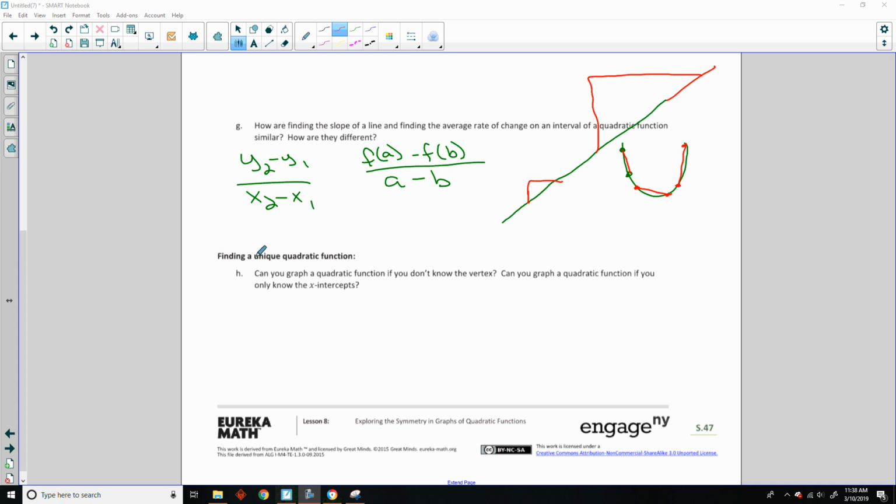Finding a unique quadratic function. Can you graph a quadratic function if you don't know the vertex? Can you graph a quadratic function if you only know the x-intercepts? So you need more than just the vertex to graph, but if you don't know the vertex, I would say it's possible that you could graph a function.